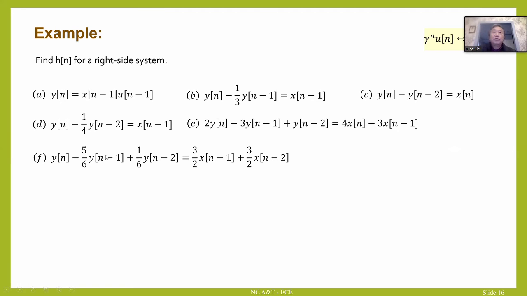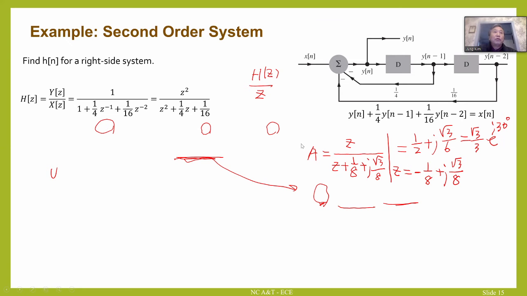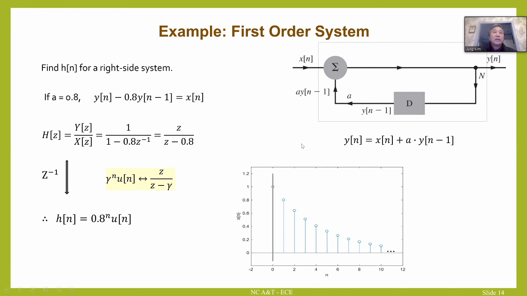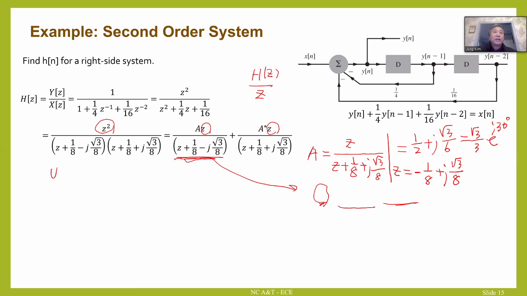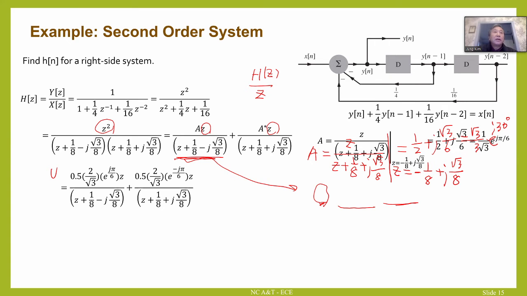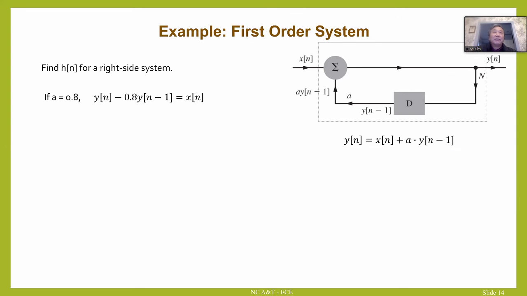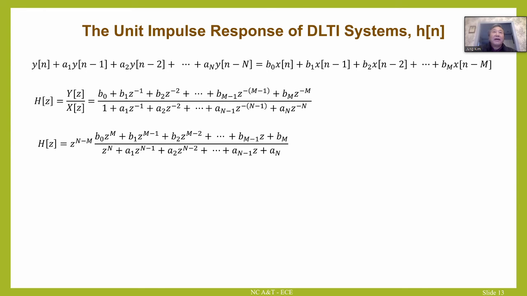Because we know this case, we already know about the H of z. For example, one of the examples of H of z we did a long time ago, with the unit step function.